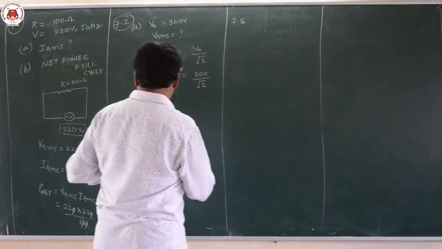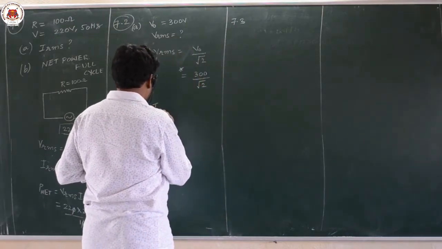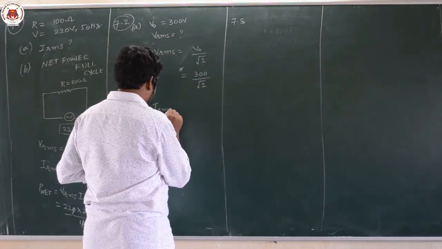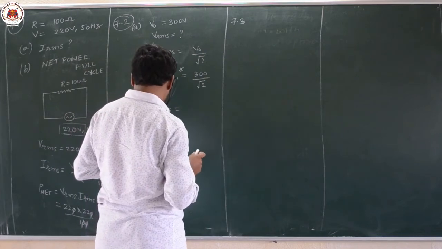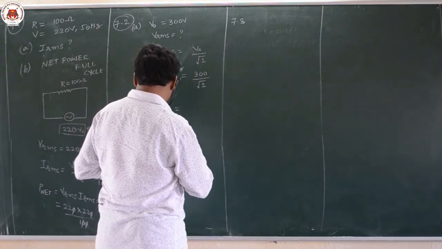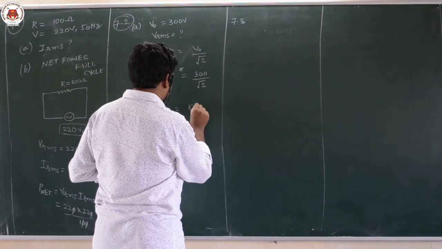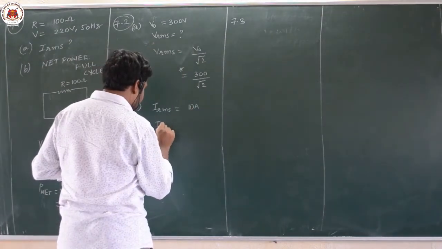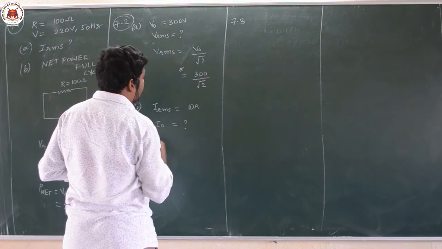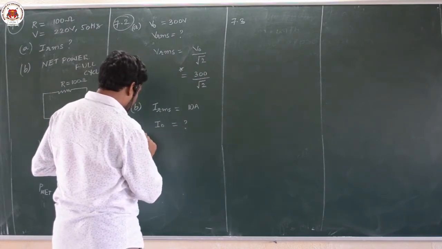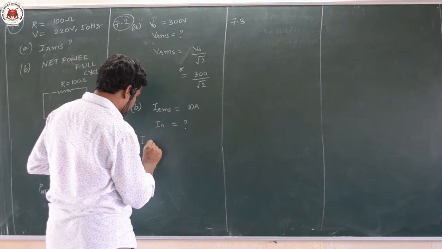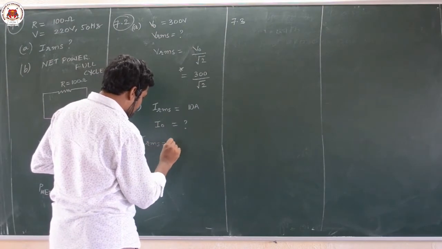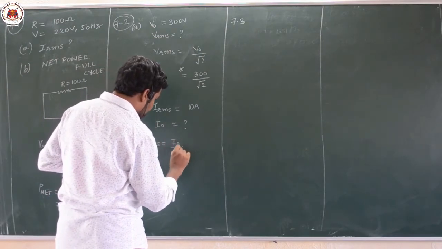IRMS is given as 10 amperes. It is asking the peak value, I naught. Again the same formula, IRMS is equal to I naught by root 2.